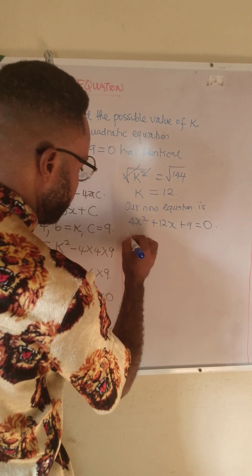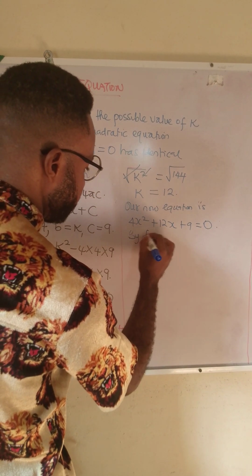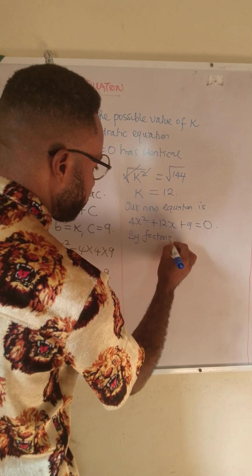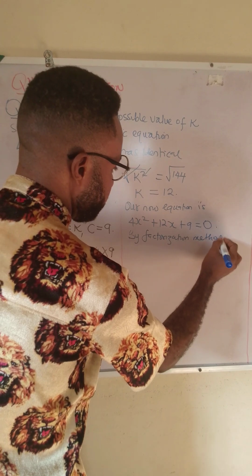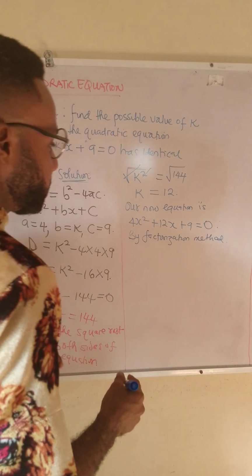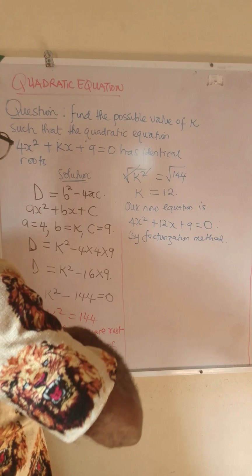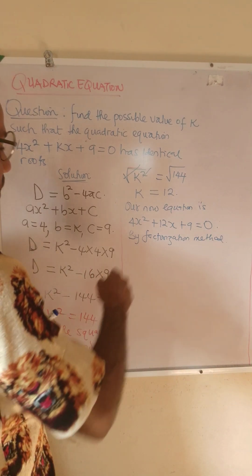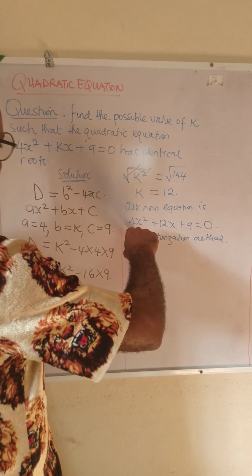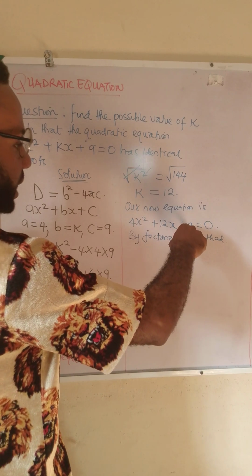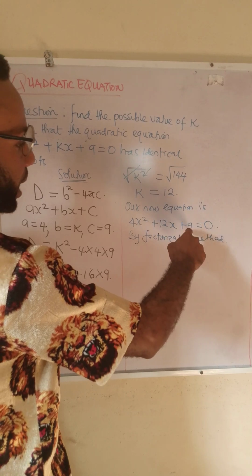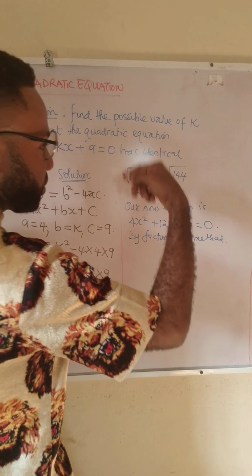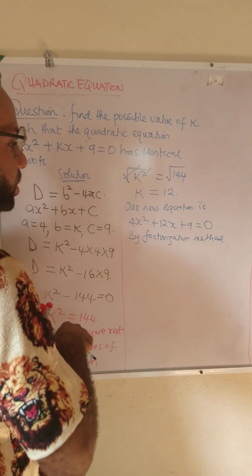In the factorization method, you multiply the coefficient of x squared by the constant, and then you find the factors of that product.